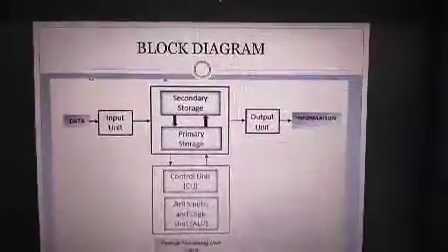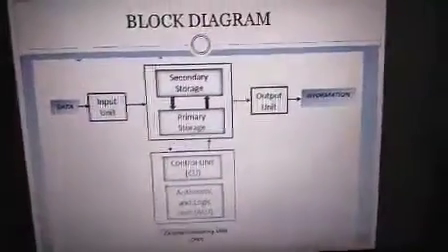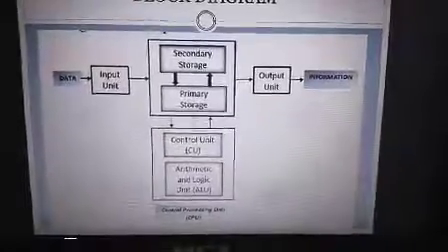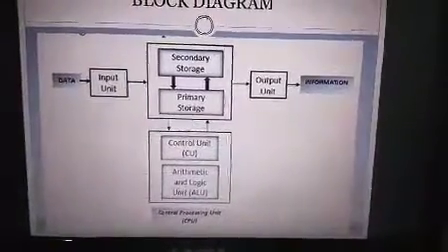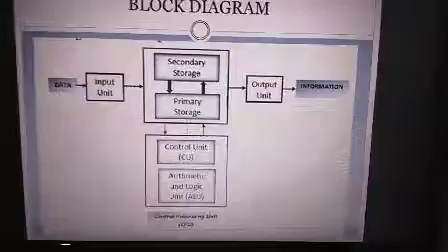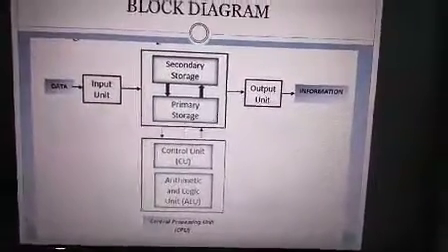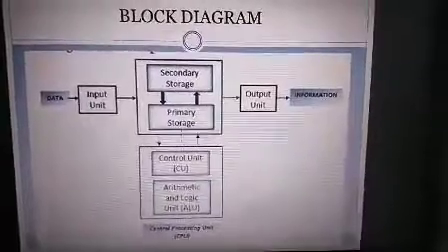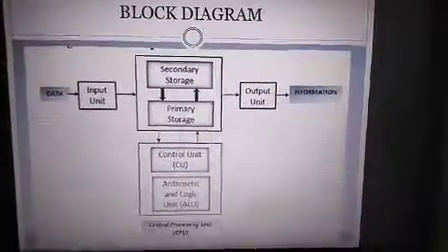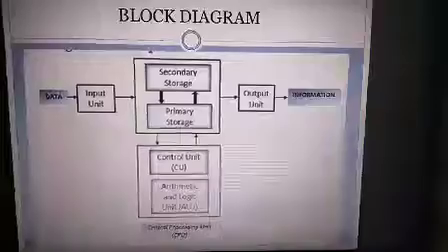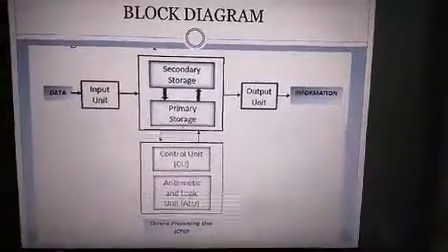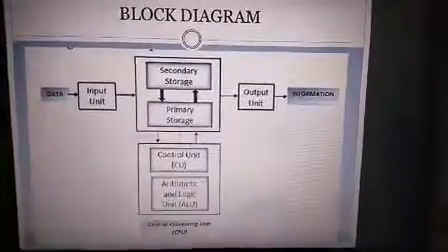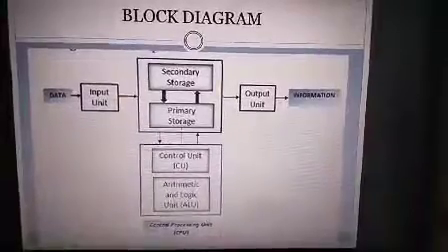As you can see in this block diagram, we have the input unit, then the central processing unit, the CPU block, and the final block is the output block. So the computer basically consists of three blocks: the input block, the central processing unit block, and the output block.